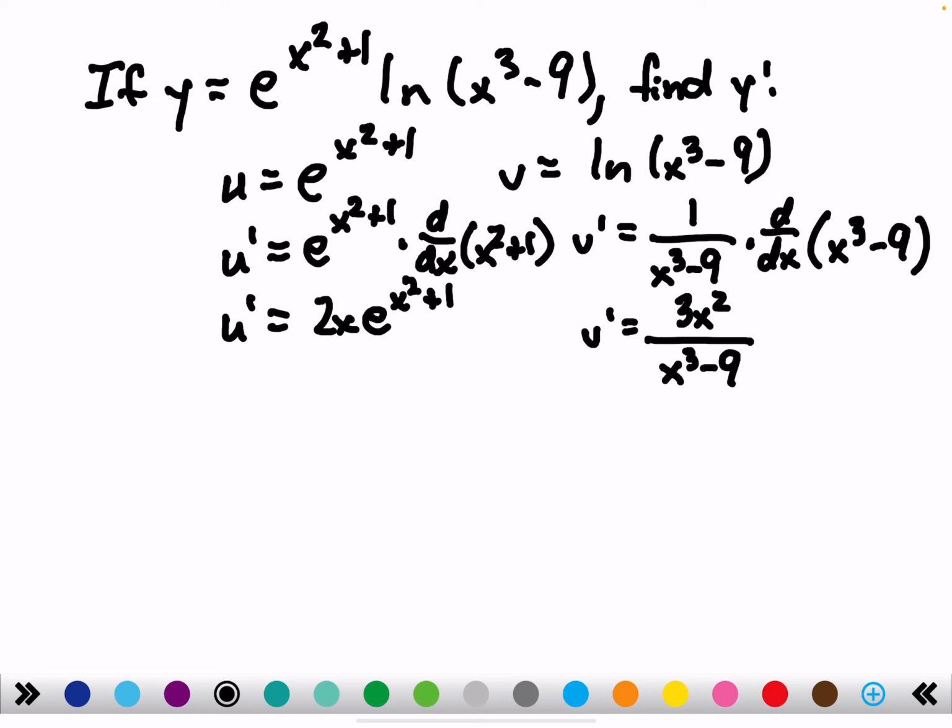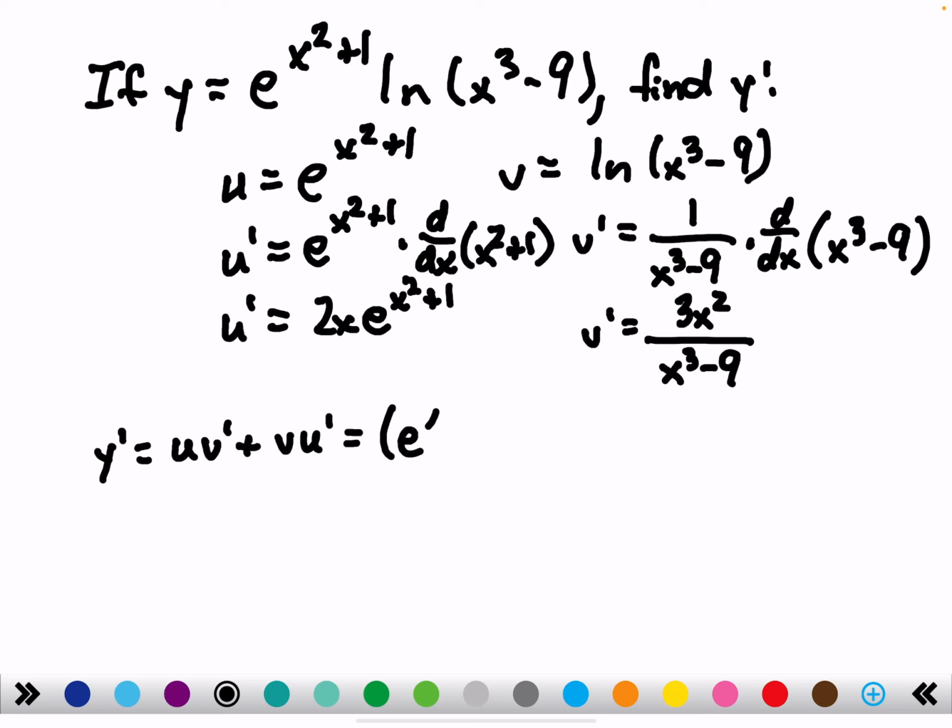Now to finish off the problem, y prime is the first, u, times the derivative of the second, v prime, plus the second, v, times the derivative of the first, which is u prime. Now just plug them in.